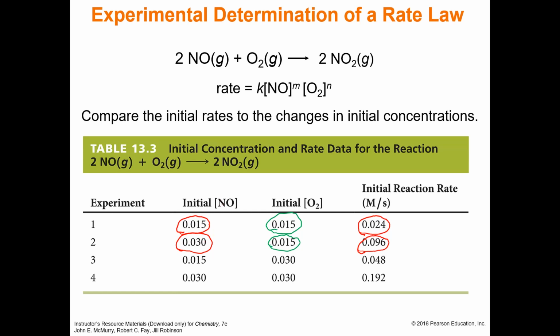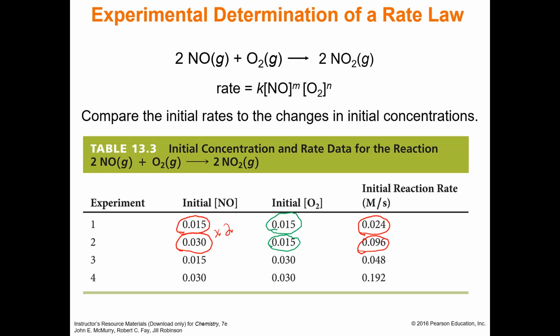So we go from 0.015 to 0.30. So that concentration has increased. Now let's look at what happens to our reaction rate when we keep the concentration of O2 the same and double our concentration of NO.